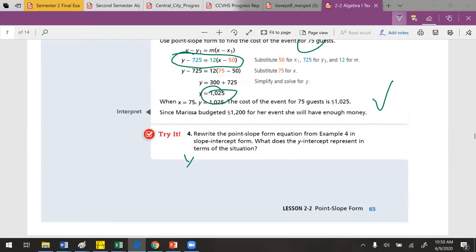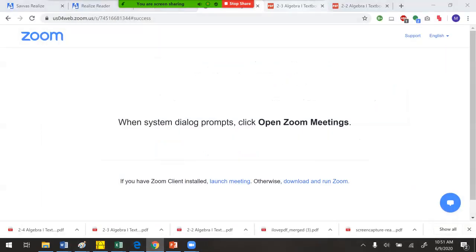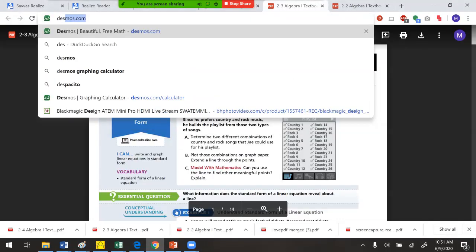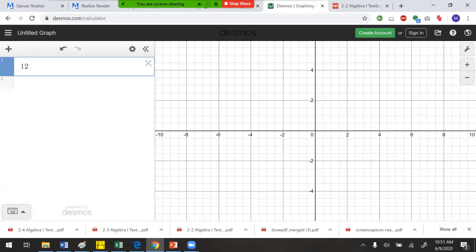Let me write this here. y minus 725 equals 12 times x minus 50. In order for us to do that, we've got to distribute. y minus 725 equals 12x minus, if you don't know 50 times 12, you can use good old Desmos. 12 times 50 is 600.